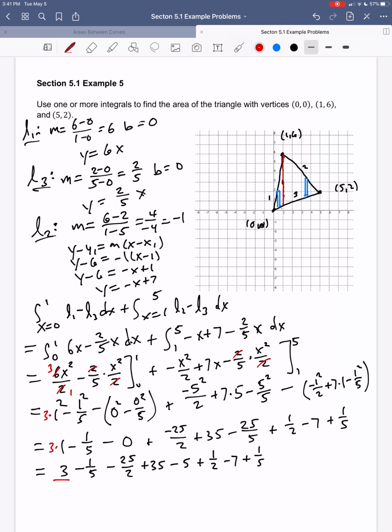3 plus 35 minus 5 minus 7. So 3 plus 35 is 38. 38 minus 5 would be 33, minus 7 would be 26.